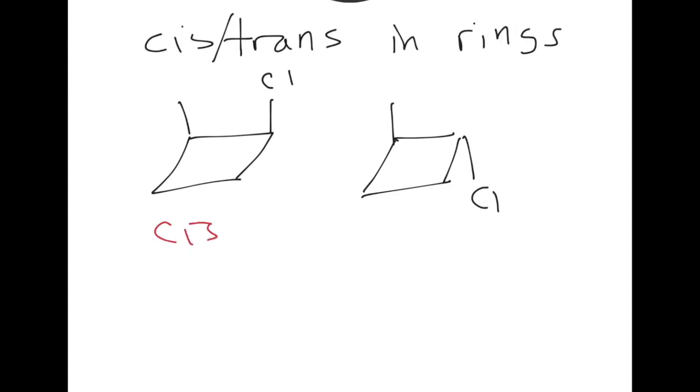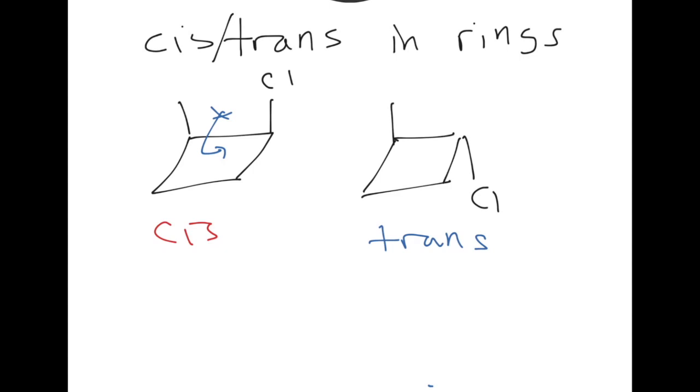The methyl and the chlorine are on the same side of the molecule, and on this one they are trans. And because we're in a ring, I can't rotate the single bond between them. I can't turn this bond right here all the way around. If I try to turn that bond all the way around, I have to break the ring.